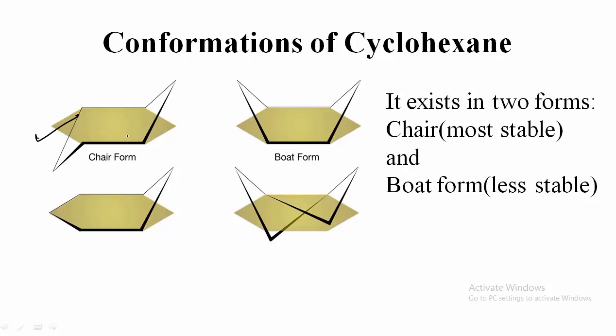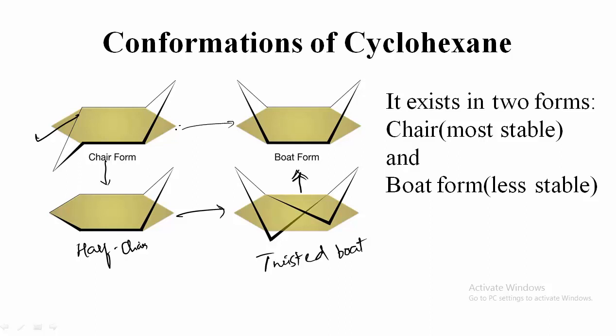When this chair form is slightly twisted, it will get converted into half chair form. And again, if we further twist that, then it will give twisted boat form. And finally, it will give boat form. So first chair form gets converted into half chair, then twisted boat, and finally boat form.